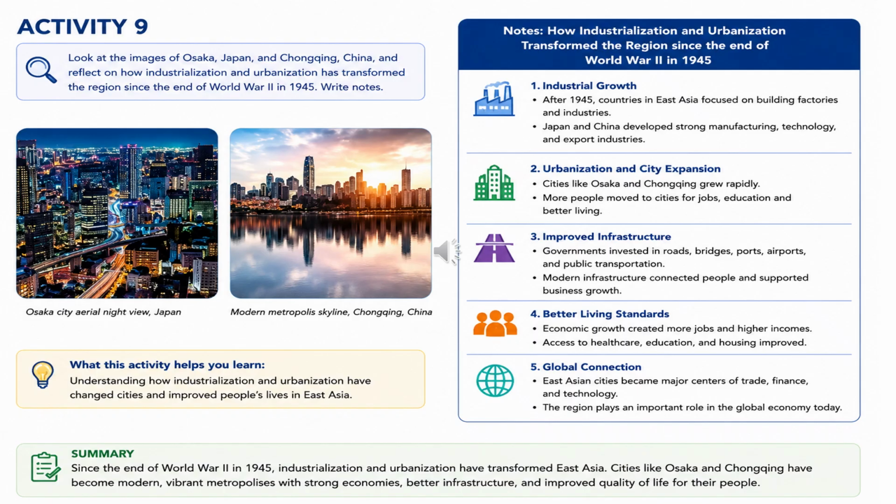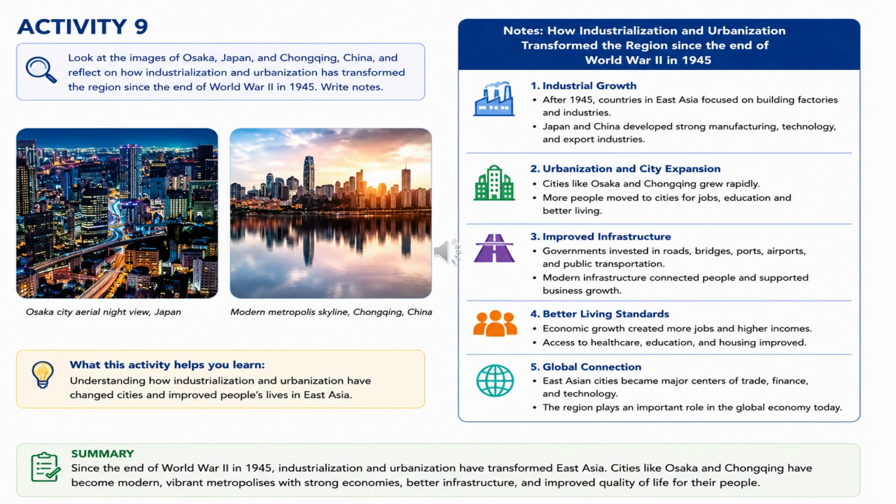If we compare these modern cities with how they looked many years ago, we can clearly see how industrialization and urbanization have transformed the region. The same we can see around us in the UAE also, right? Think about the UAE in olden times and how urbanization, industrialization and government spending have improved living in the UAE.